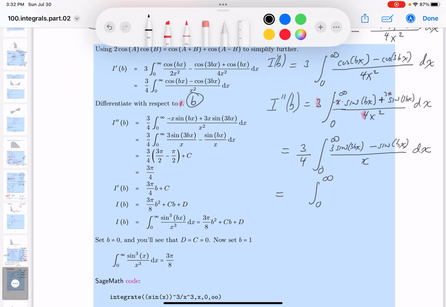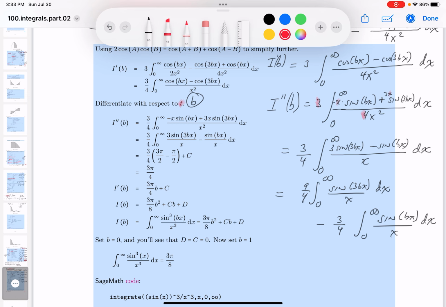Sorry about that. And then you can get sine 3bx over x dx. I got to do that integration. And the next one I'd see is minus 3/4, 0 to infinity, sine bx over x dx.